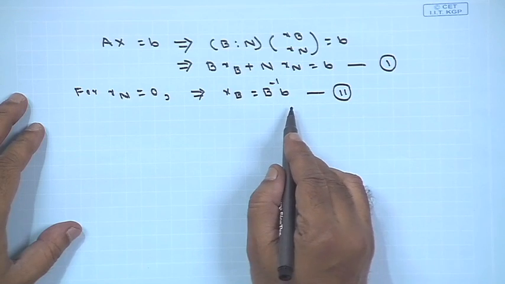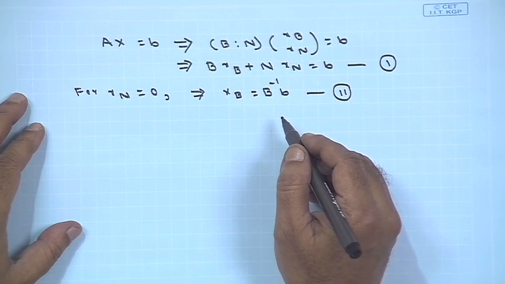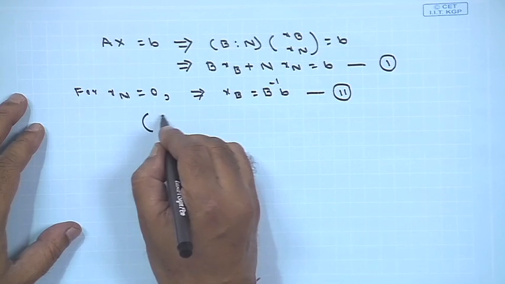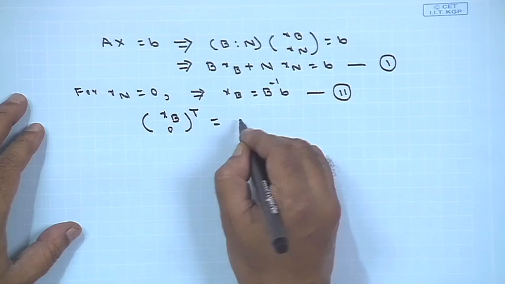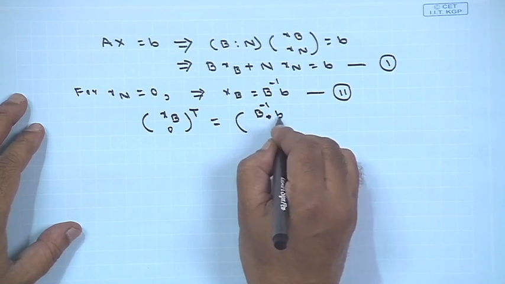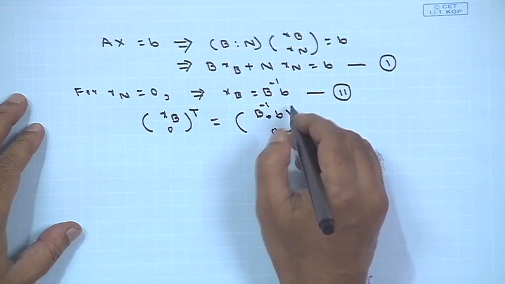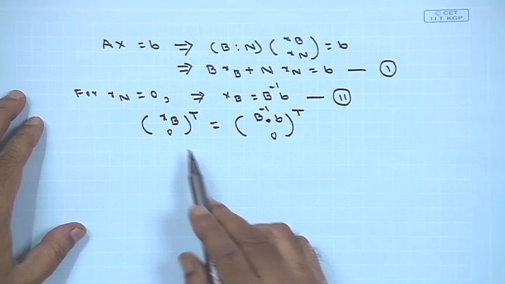Your xB is B inverse B, and since it is a basic solution you can write it in this form: (xB, 0) transpose, which equals (B inverse B, 0) transpose. The basic solution is this one.